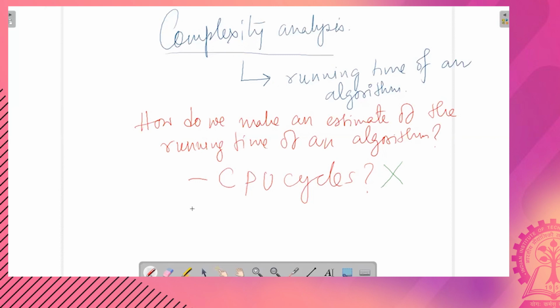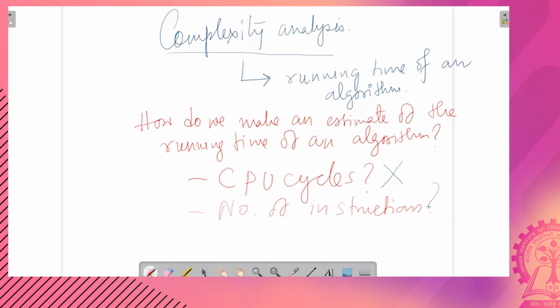The next thing, we can be a little more clever and come up with the number of instructions. Again, the question is, is this a good measure?